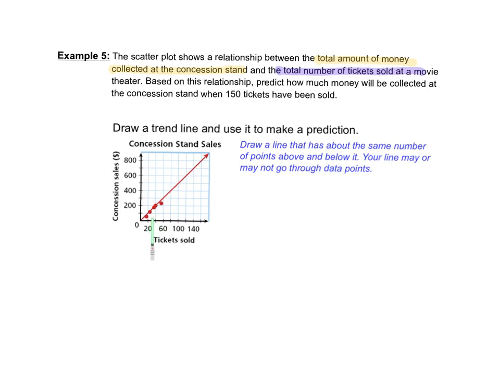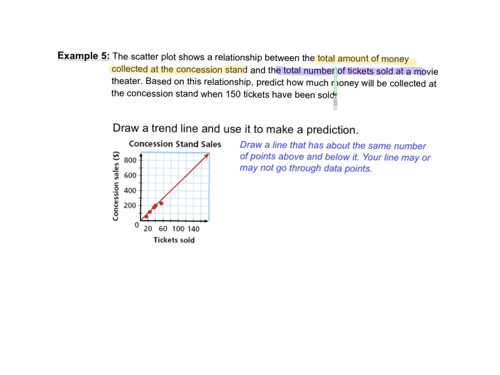So if we think about this, those dots represented the scatter plot. That line that you see there is the trend line that has been drawn to create some sort of a relationship. It has the same number of points above it as it does below it. That is the trick of drawing a trend line.